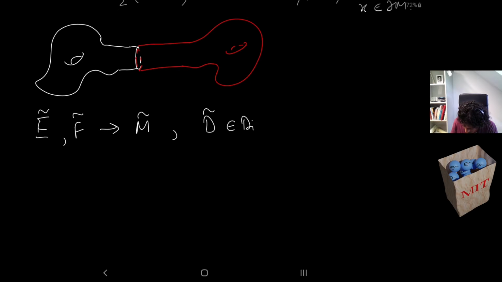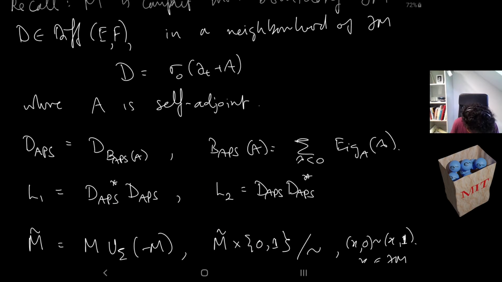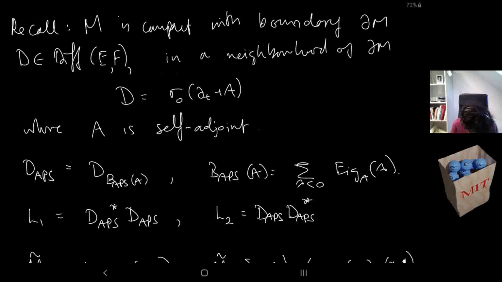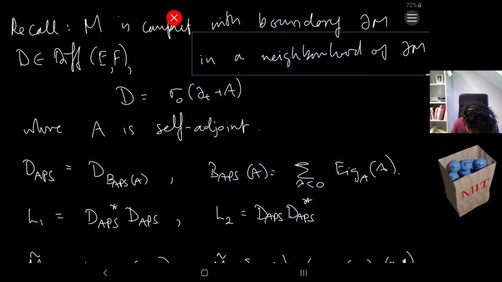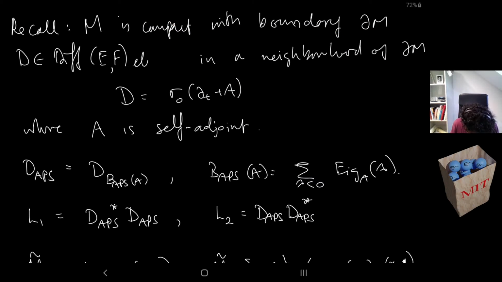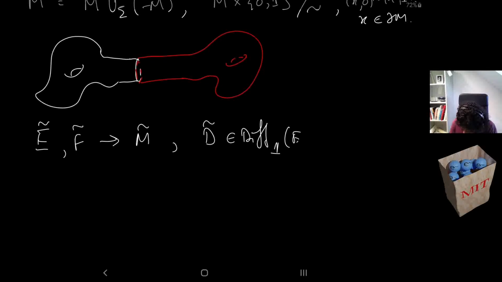So this is a first order elliptic operator. I should have said elliptic here, sorry. Everything we do is elliptic. So this is now E tilde, F tilde, elliptic again.